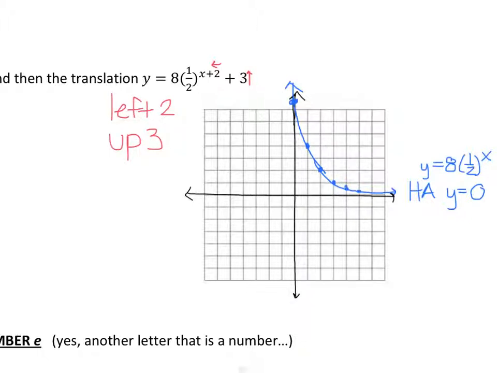So all the points, I'm going to start here. You're going to move it left 2, up 3. And there's your new point. Left 2, up 3. Left 2, up 3. Left 2.